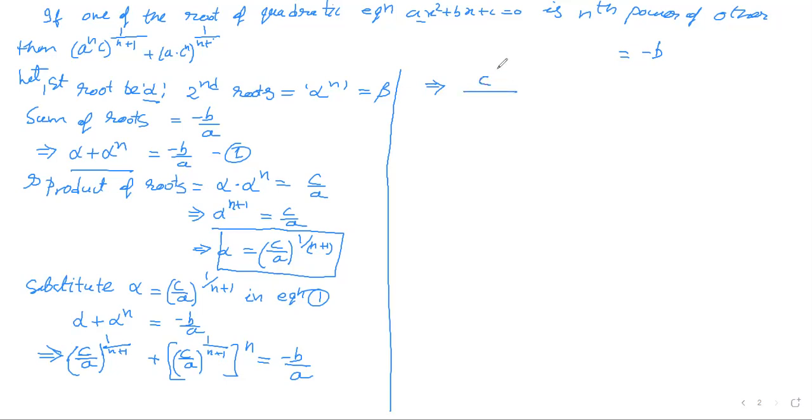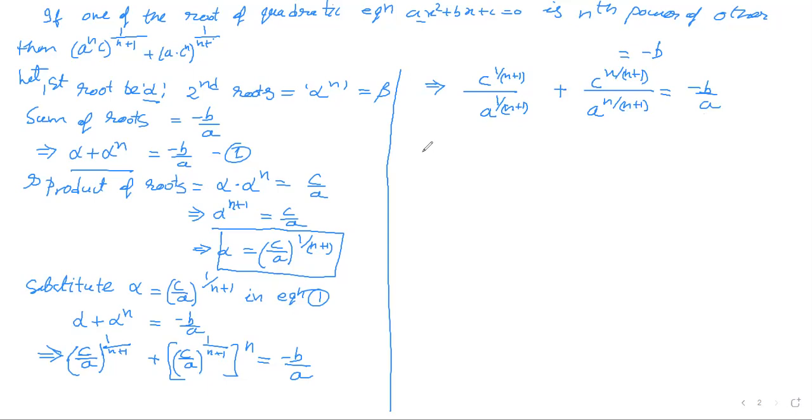First we write c to the power 1 upon n plus 1 over a to the power 1 upon n plus 1, plus again c to the power n upon n plus 1 over a to the power n upon n plus 1 equals minus b by a. Is that clear to you?